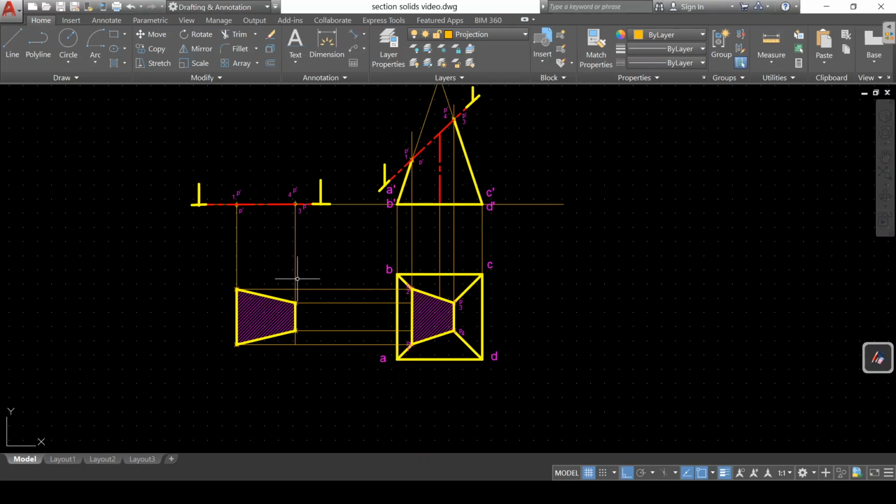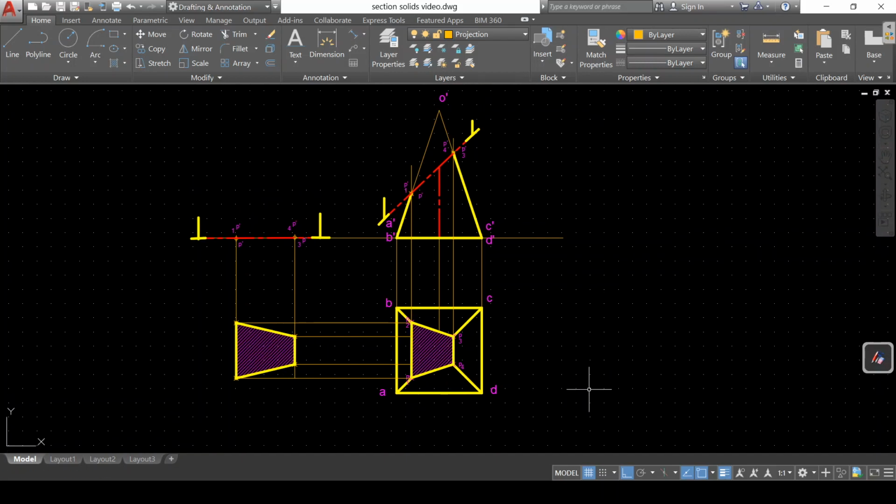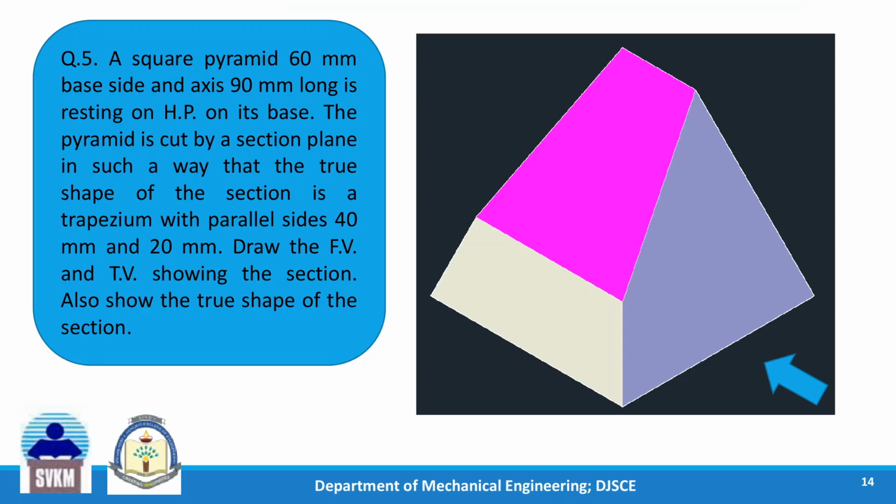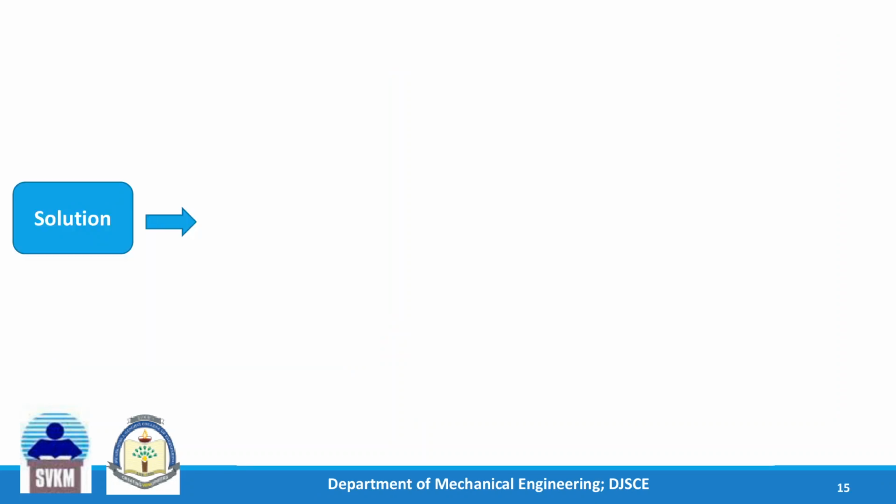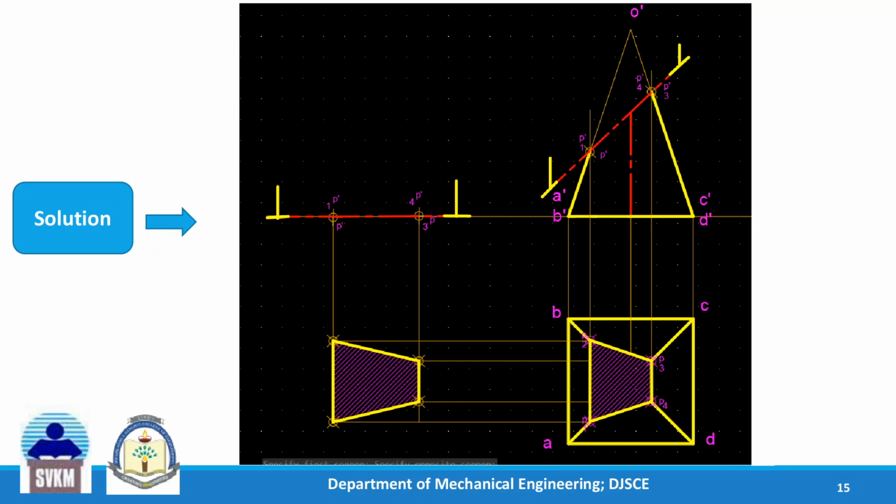So this is how we have got the true shape of the section by keeping this horizontal and taking the projections here again. So this is the complete solution for this sum. The complete solution is done here.